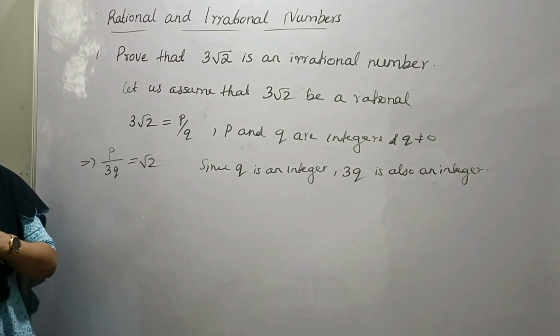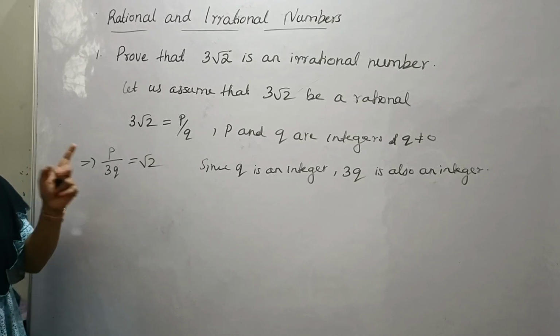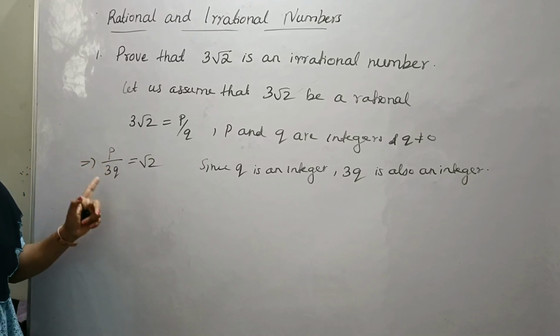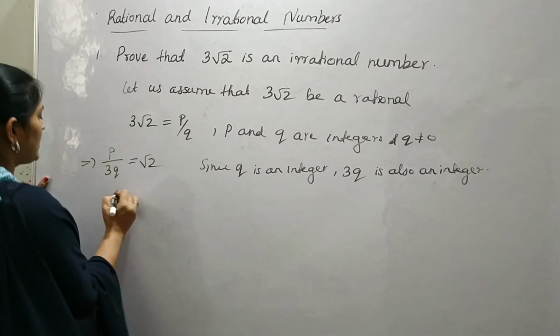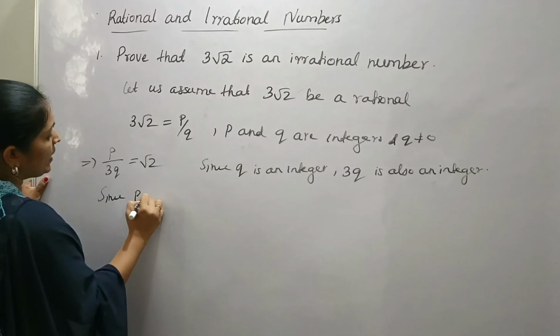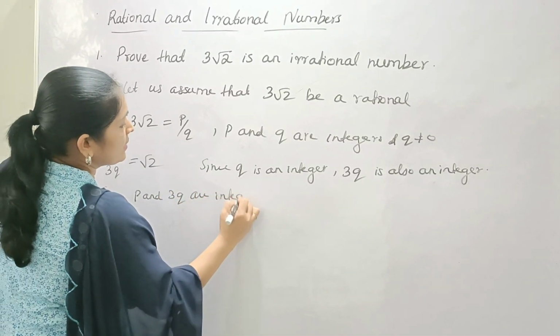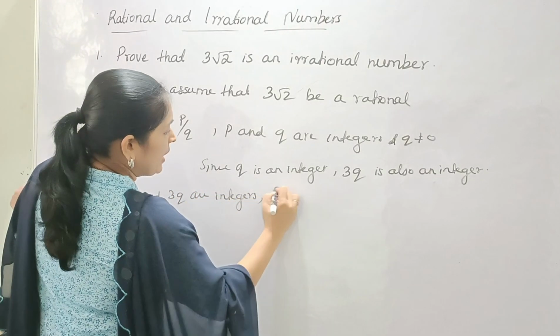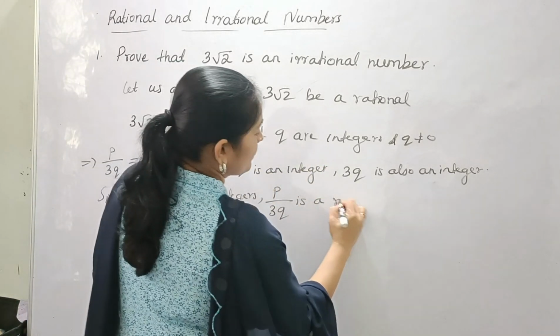Since p and 3q are integers, p divided by 3q is a rational number.